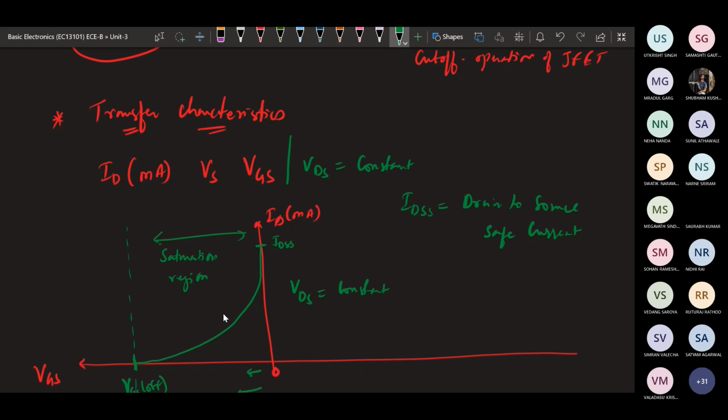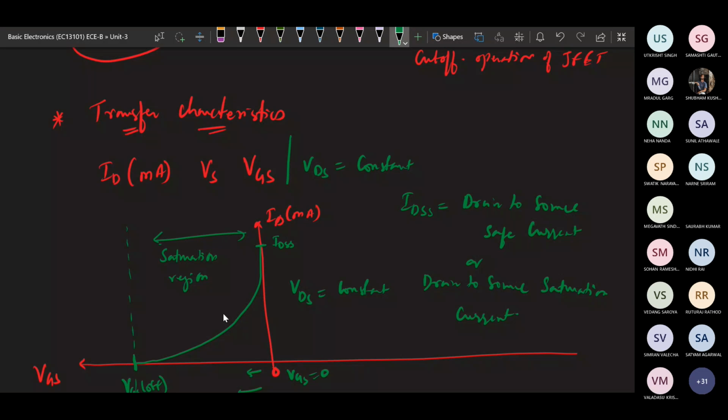Or it is also called drain to source saturation current. Okay, and this will only be taking place when VGS is equal to 0.